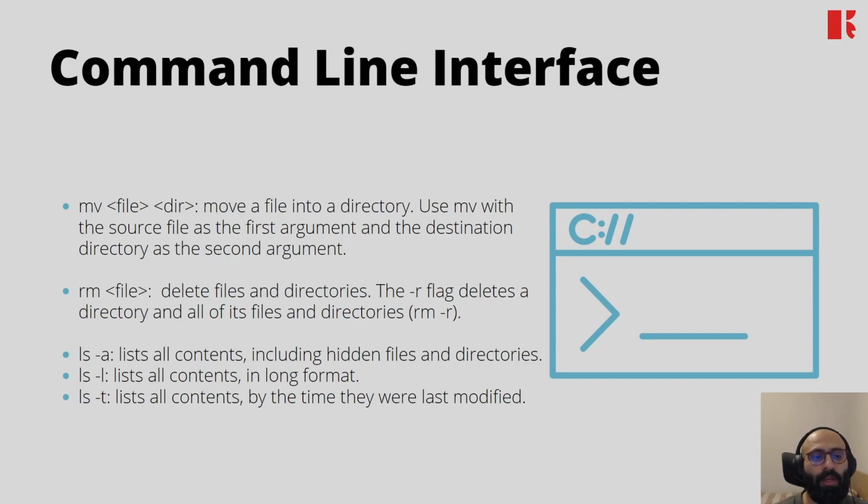Use mv with the source file as the first argument and the destination directory as the second argument. In my case, I have a phone.txt, and I want to move it into the car directory. So I will say mv phone.txt car. Let's try this out.